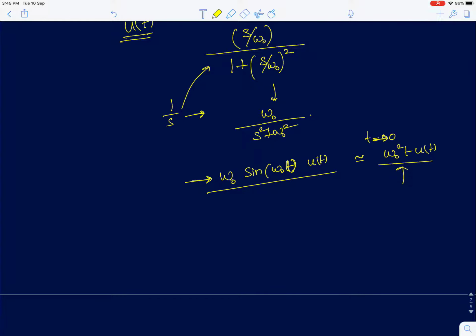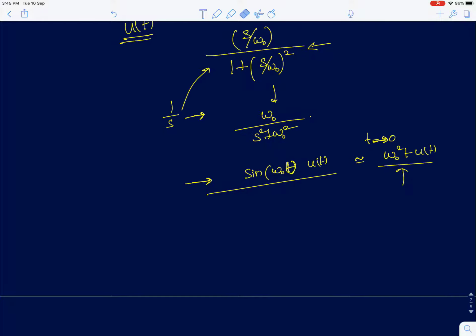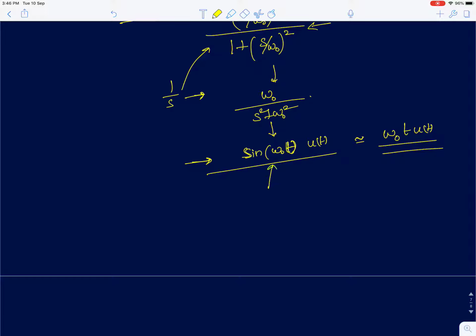Again, that makes sense, because it's going to behave like an integrator. This function will reduce to omega naught t into u of t. That's the step response for the system. Okay, so you are going to get a sinusoidal output.